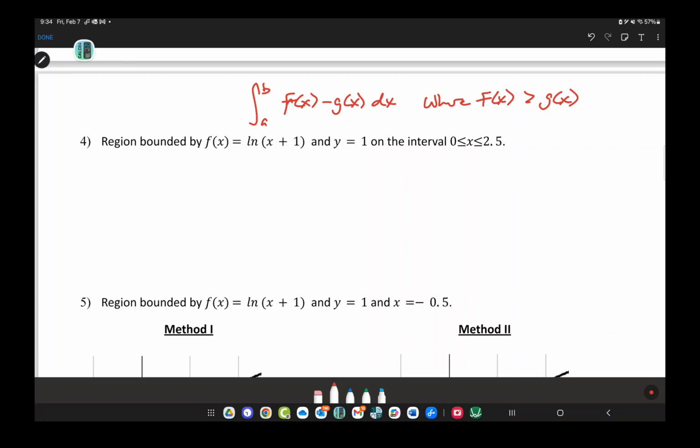So here we have the region bounded, but this is a different interval. We are going to be taking that same graph, now bounding it from 0 to 2.5. So 1, 2, 3, so here, and y equals 1.